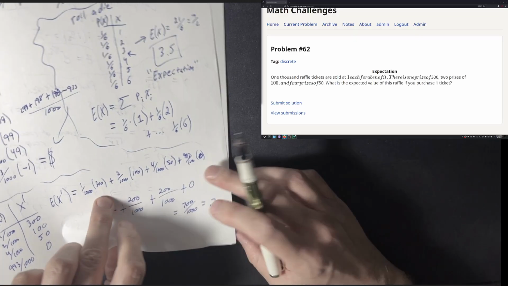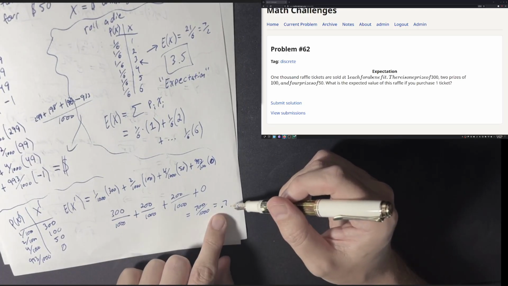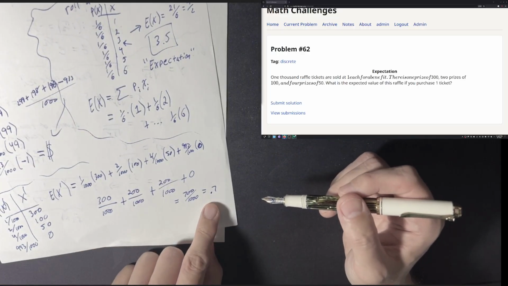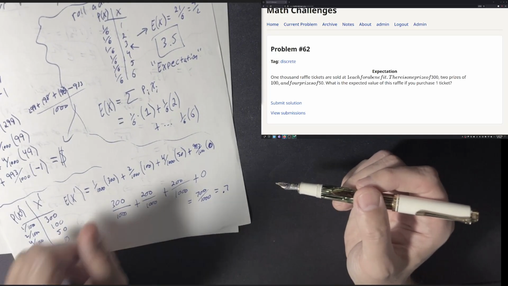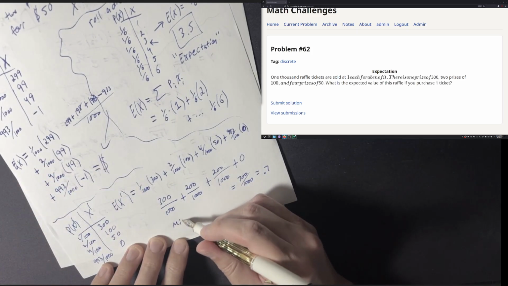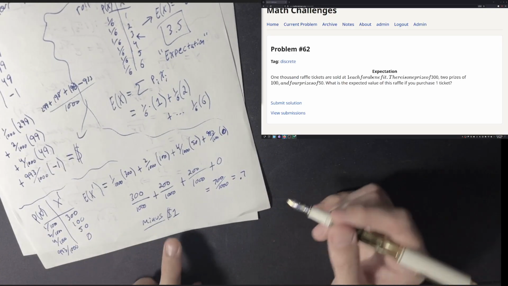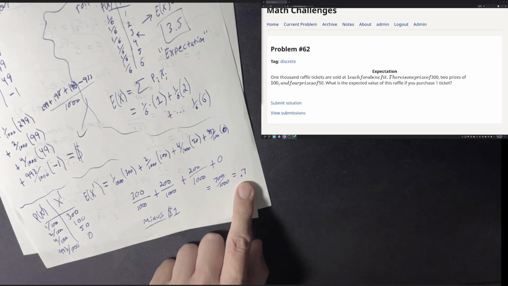So if the tickets were free, then yeah, that would be your expected value. But because they cost $1, I now have to subtract 1 from this number.